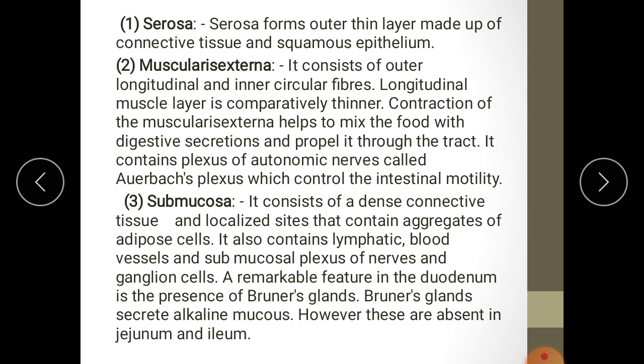For that sake, the secretions that are added in the duodenal region are highly alkaline, so that the food is converted into alkaline medium. Therefore, there the Brunner's glands are present. Brunner's glands are the intestinal glands. They are present only in the duodenal region. However, they are absent in the jejunum and ileum.